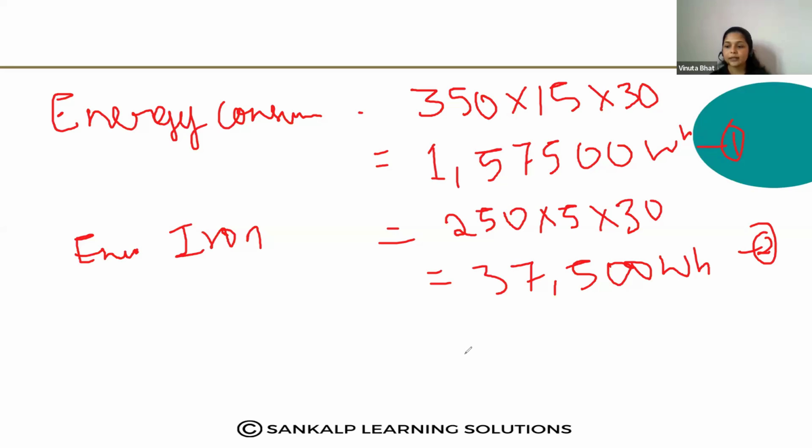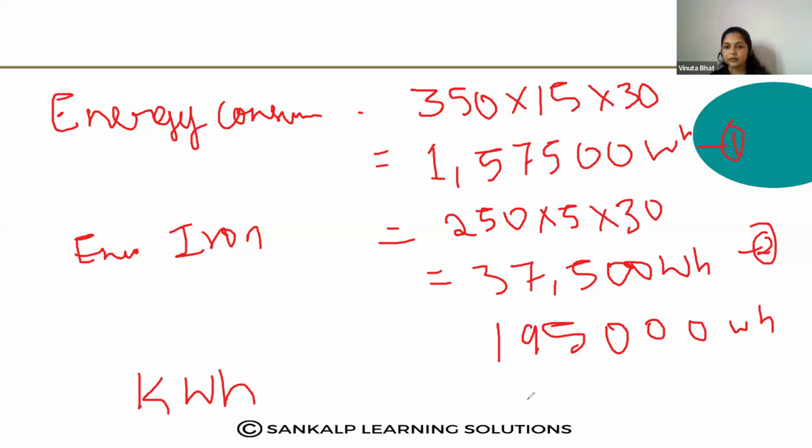If you add 1,57,500 and 37,500, that is equal to 1,95,000 watt hour. You have to convert it into kilowatt hour. When you convert watt hour to kilowatt hour, you have to divide this by 1,000.